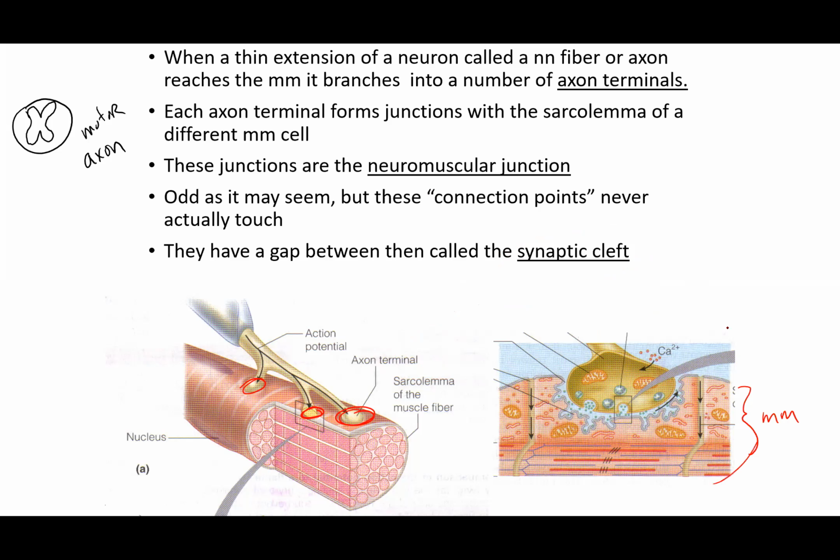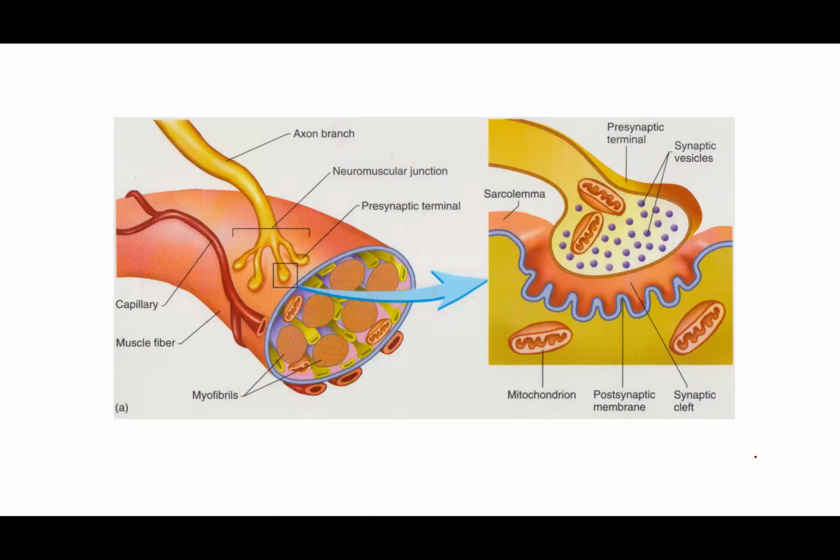Now you just saw one aspect of the neuromuscular junction. Here's another animation of it. Axon comes in, embeds itself into a muscle fiber, creates that space, which is the synaptic cleft. Now, inside of the axon, you have synaptic vesicles. For now, we'll just call them chemicals.